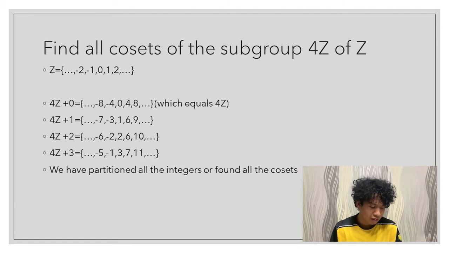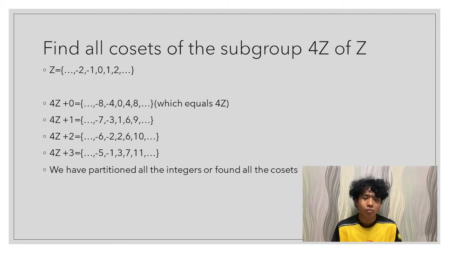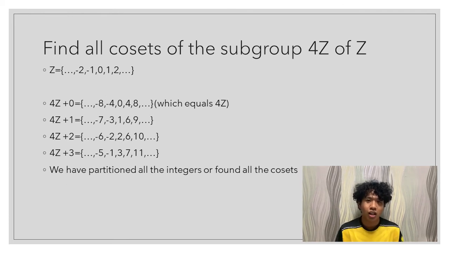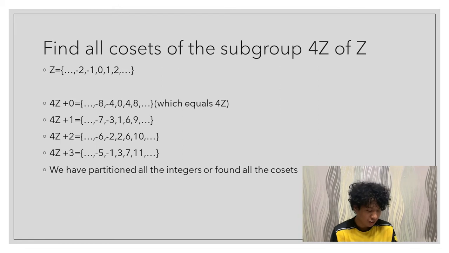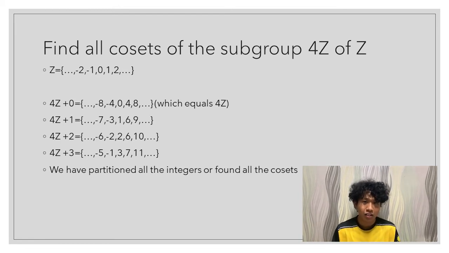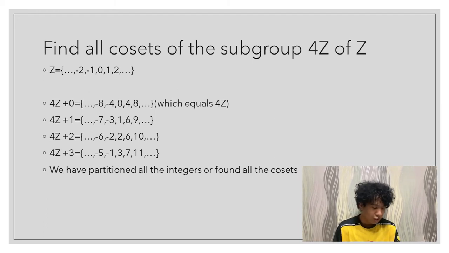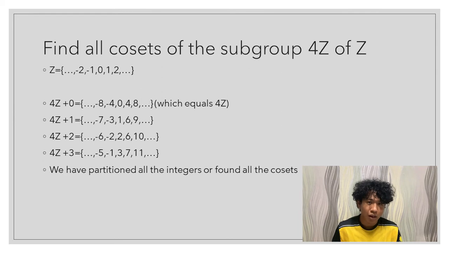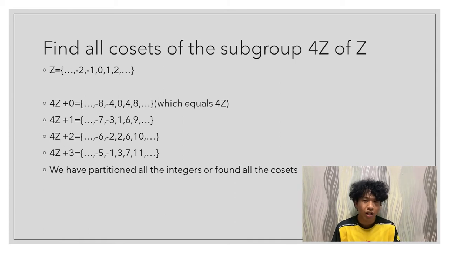How to find all the cosets of the subgroup multiples of 4 in the integers. First, we have to know the list of elements in the integers. We assume it is the infinite set of integers, so it will have infinitely many elements. Multiples of 4 plus 0 give us the elements negative 8, negative 4, 0, 4, and 8.